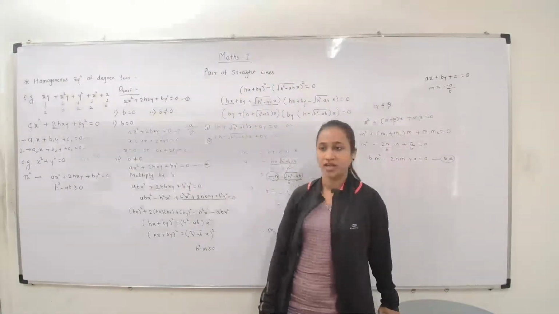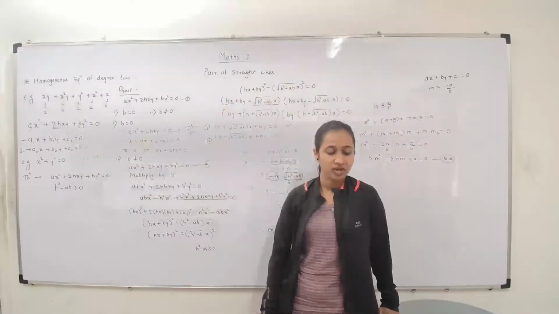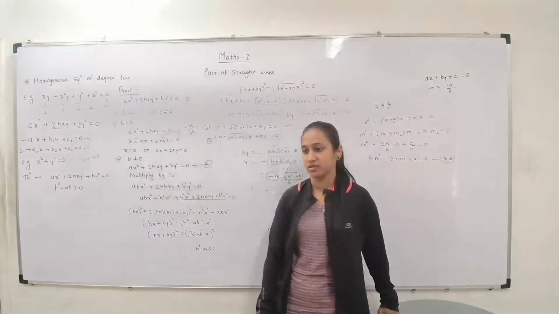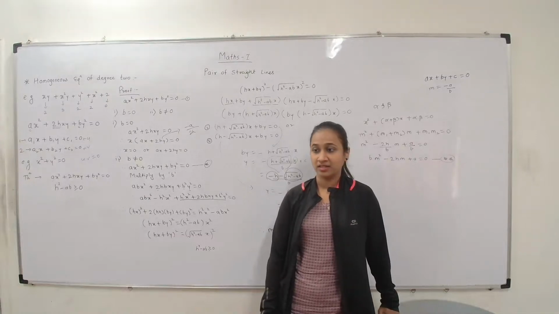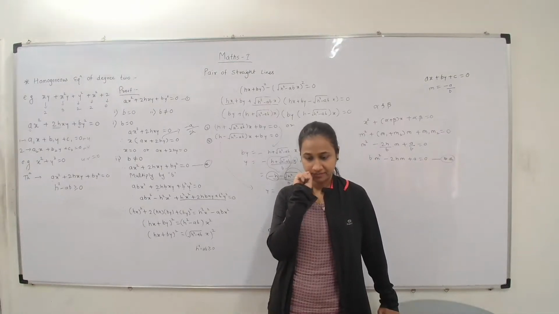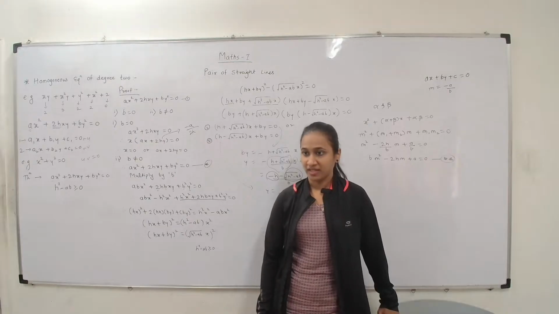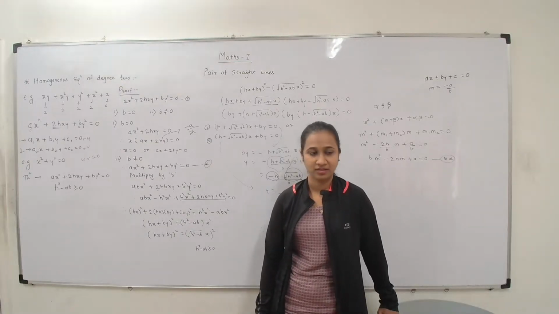First is show that the lines represented by x square minus 2xy minus 3y square equal to 0 are distinct. Distinct साठी remark लिहिलाय. काय remark आहे? h square minus ab greater than 0, strictly greater than 0.